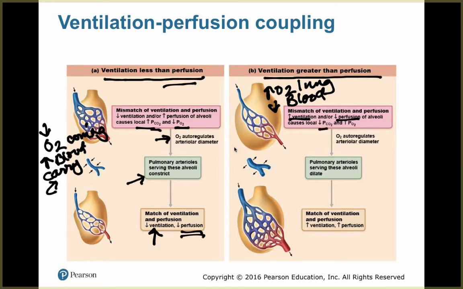So that's going to cause a reduction in the amount of partial pressure for carbon dioxide because it's going to be less there, right? Because not as much blood is coming back. And it's going to be increase in the partial pressure of oxygen because there's a lot of it there. So the O2 autoregulates the arterial diameter, and in this case, the alveoli essentially will dilate, right?